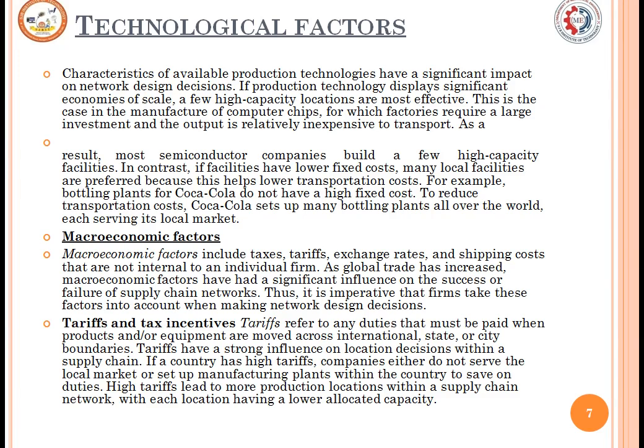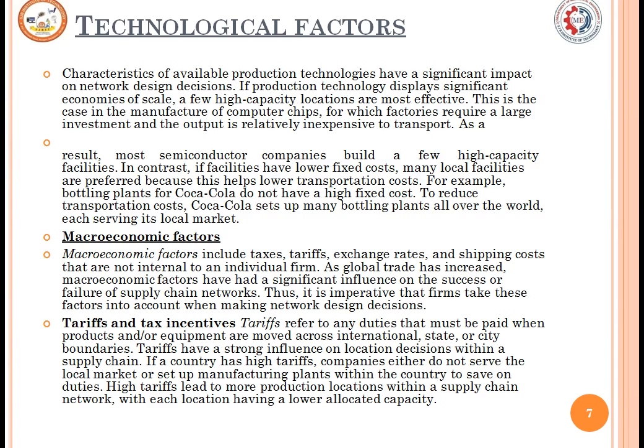Macroeconomic factors include taxes, tariffs, exchange rates, and shipping costs that are not internal to an individual firm. As global trade has increased, macroeconomic factors have had a significant influence on the success or failure of supply chain networks.